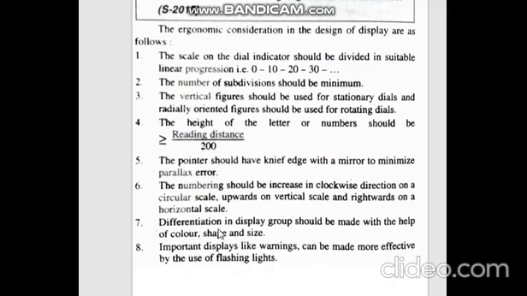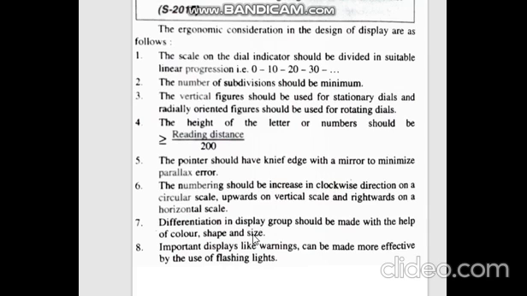Then differentiation in display group should be made with the help of color, shape, and size. You see, there are different groups and you want to differentiate them. That means you want to clearly identify them. Then you should use different colors for different things, different shapes, and different sizes. You see, what for?